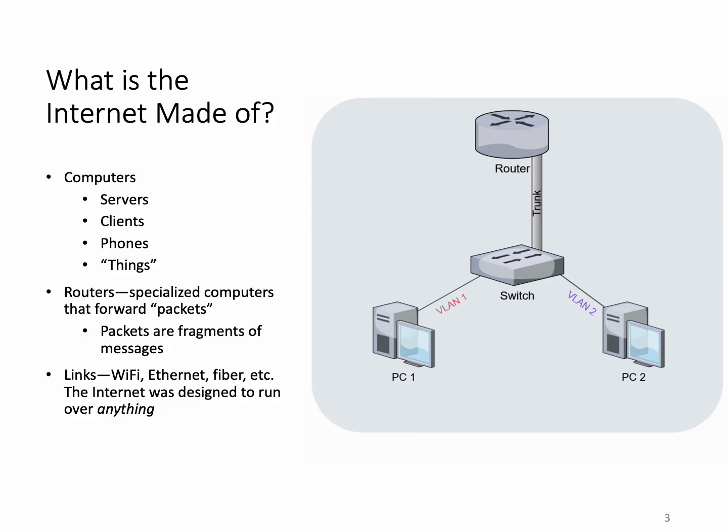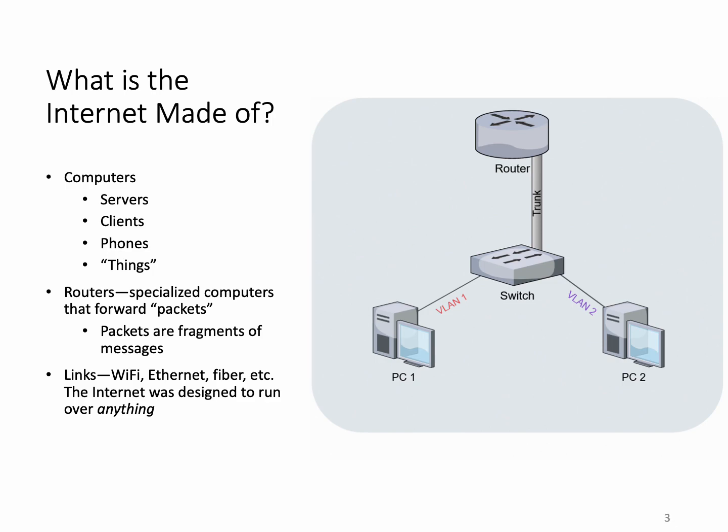At a lower level, what is the internet made out of? Well, the points that are being connected are usually computers. They are servers, clients, phones, or things. We have the internet of things. So every endpoint that you're connecting to is some kind of computer. There are specialized computers known as routers that forward things called packets.